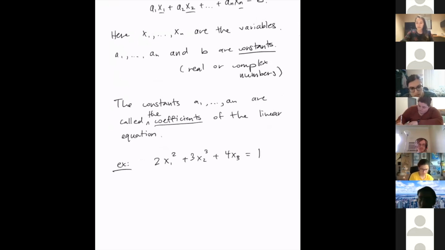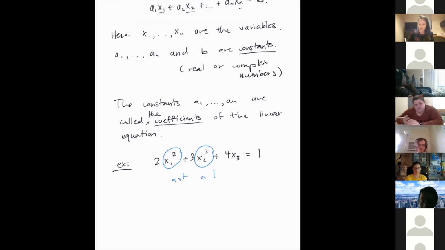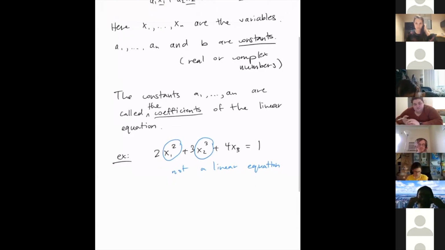But since we have x1 being raised to a power and also x2 being raised to a power, this is not a linear equation. We need that x1 to be raised to the power 1 or just not raised to a power. You can see it either way. You shouldn't see exponents in your linear equations. That's what makes them linear. Okay.